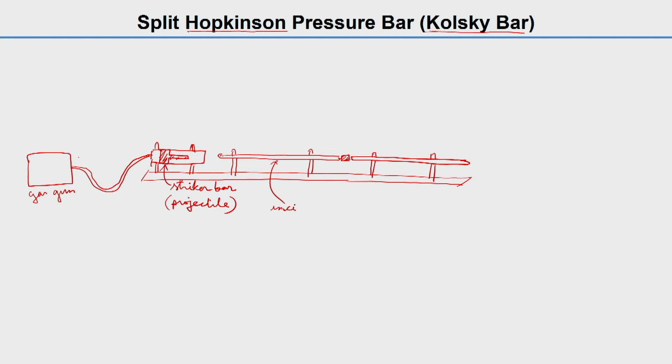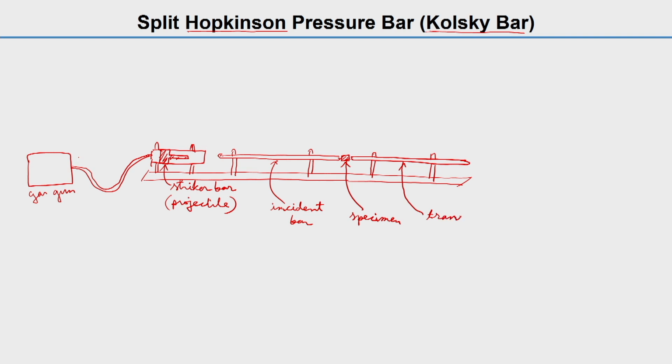The projectile will hit the incident bar. This is your specimen, which is very small, mostly smaller than the bar diameter. The common bar diameter can be 1 centimeter or even 2 centimeter, so the sample size is very small, in the millimeter range.